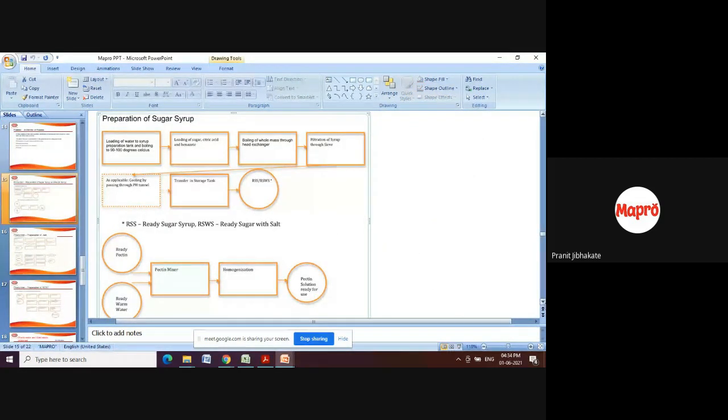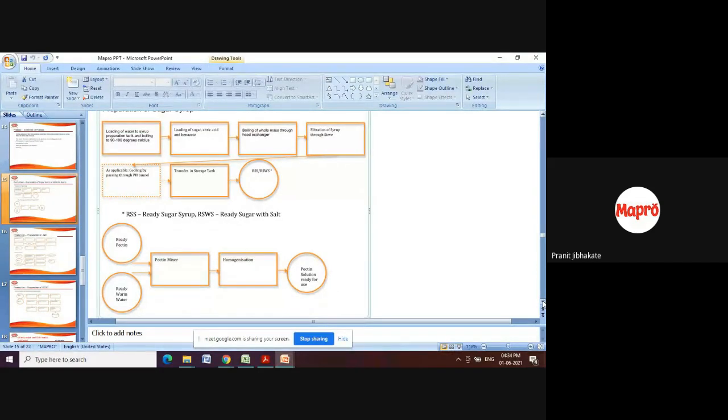Then pectin. Pectin, as I told you earlier, is derived from a plant source and it is present in powdered form. Okay, so we don't add pectin directly to our jam. We make a pectin solution. And pectin solution should be made only with hot water.